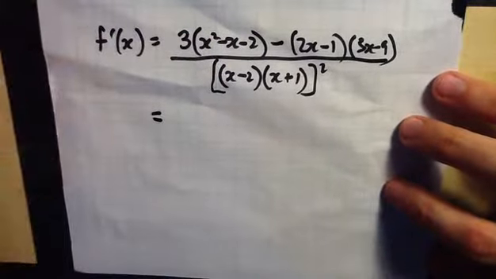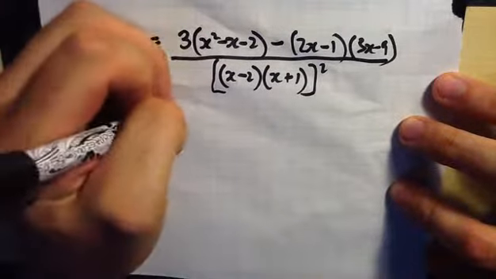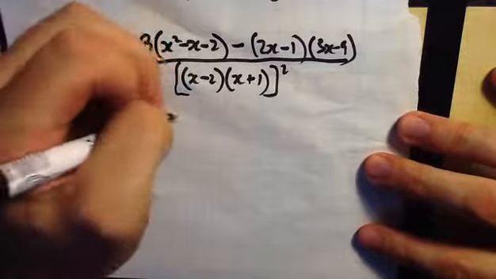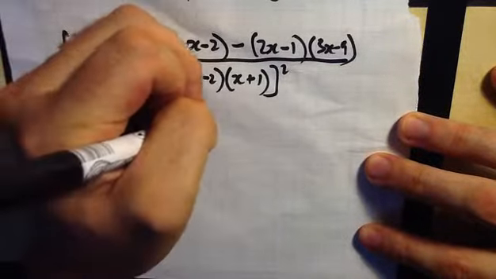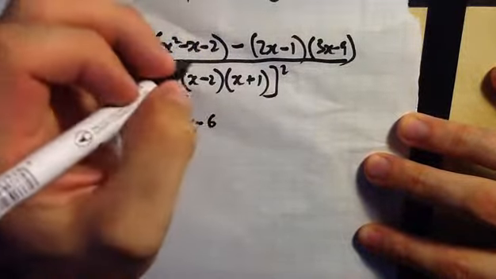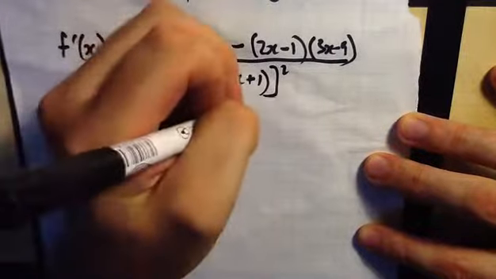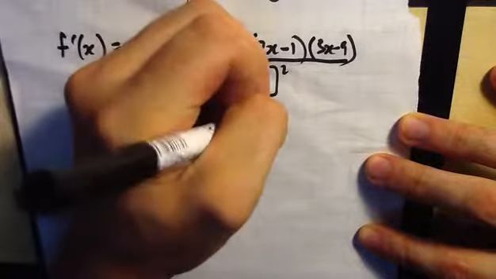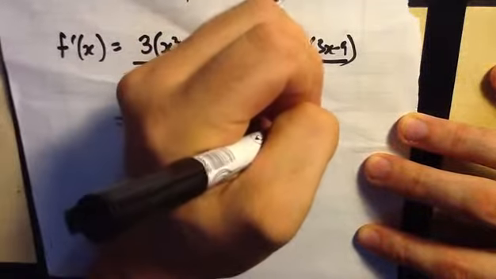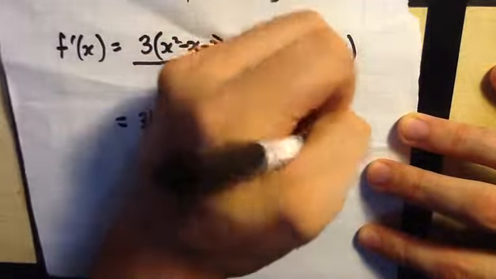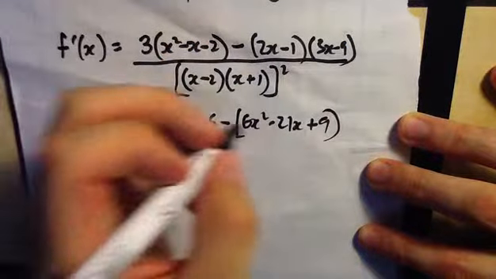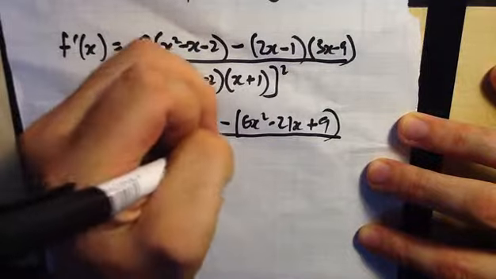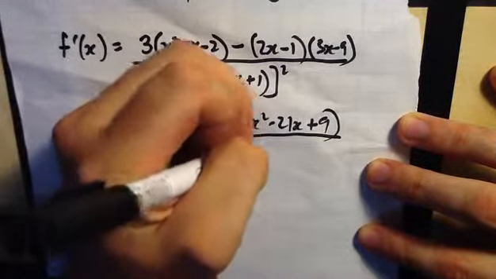Now we need to neaten this up, so we expand the brackets, which gets me 3x squared minus 3x minus 6, minus, then we do FOIL on this one, which gets me 6x squared minus 21x plus 9, and that is all over x minus 2 squared, x plus 1 squared.